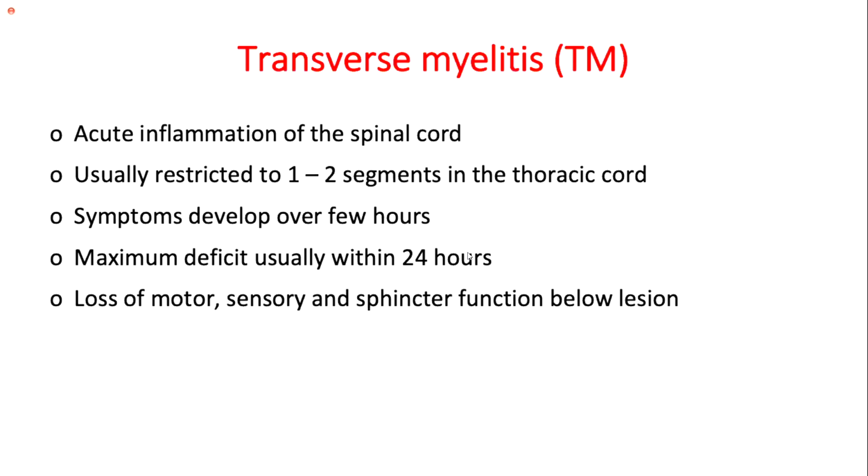There is motor function, so you will lose all motor ability. That is why there is paralysis. If the inflammation is in the cervical cord, you will have quadriparesis. If it is in the thoracic cord, you will have paraparesis. That's easy. And the sensory loss will depend again on the level of the lesion, where the sensory level is.